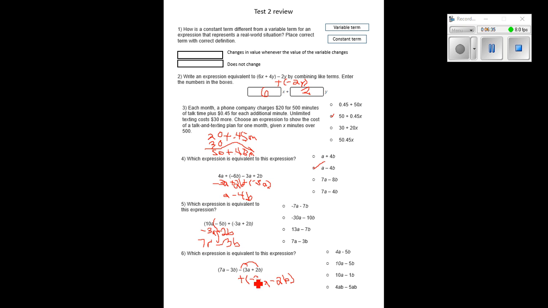Now I can combine my like terms. I've got a 7a over here, so I'll put the minus 3a underneath it. And I've got a negative 3b here, so I'll put my negative 2b underneath it. Now I've got 7 minus 3, and that's 4a. And I got negative 3 and negative 2, and that's going to make negative 5b.